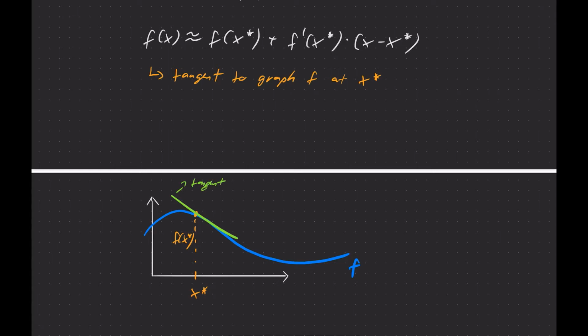And where can we see f prime in this setting? Well, two possibilities. We could either move one to the right here, and if we do that, then f prime, the slope of that line, will be precisely this distance here. That's f prime at x star.